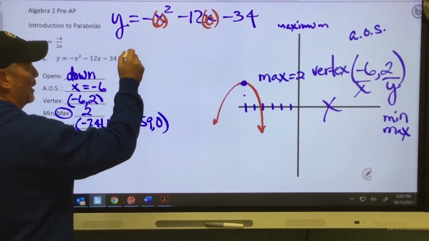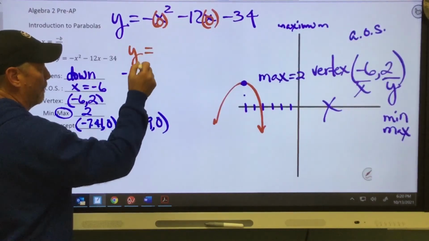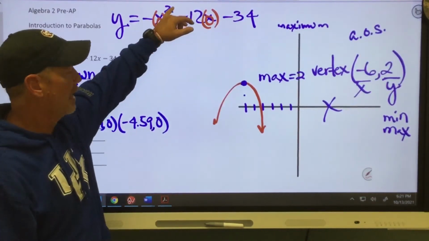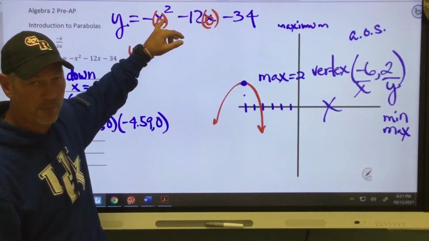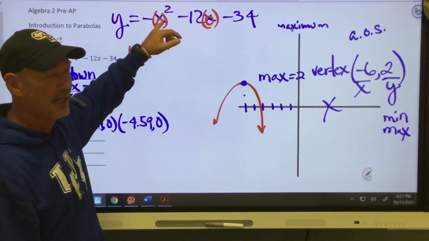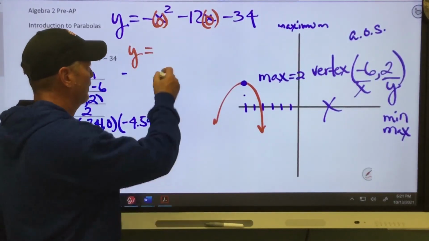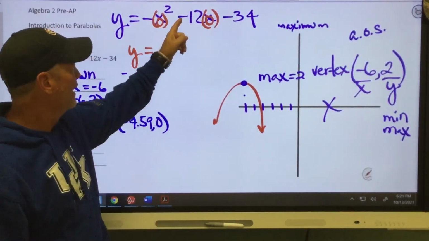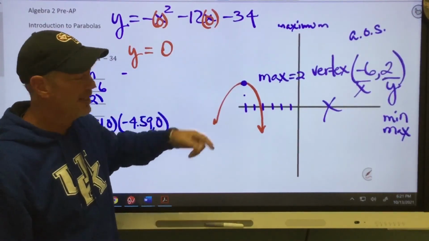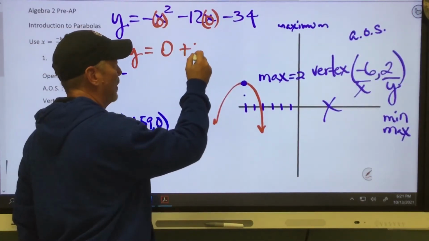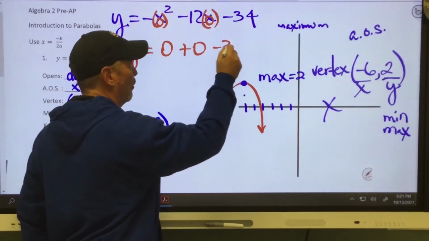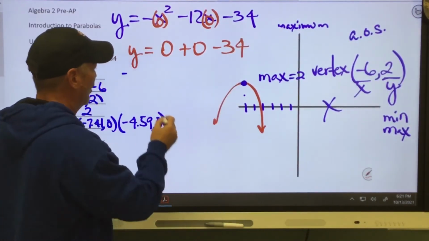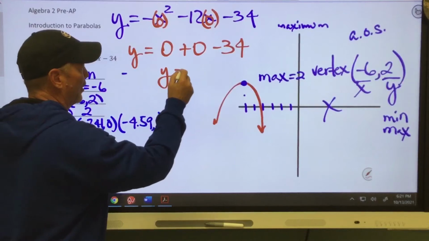And that's going to tell me that Y equals 0 times 0 is 0. You can't have a -0, so it stays 0. -12 times 0 is 0. Minus 34. You're going to tell me that Y equals -34.